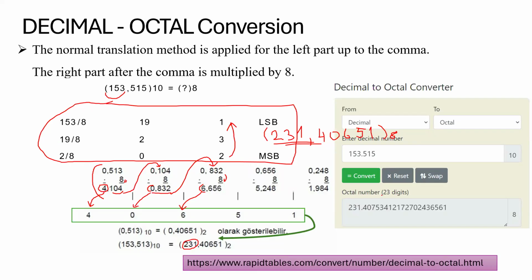In octal to decimal conversion, we multiply by 8 the numbers from the left side, and for the numbers behind the comma, we divide by 8. Let's say this 22.25. Decimal.